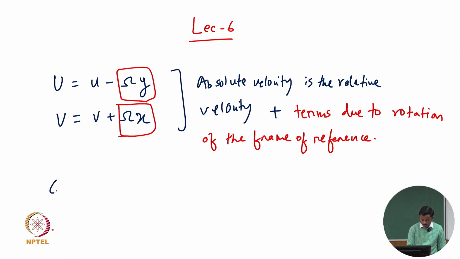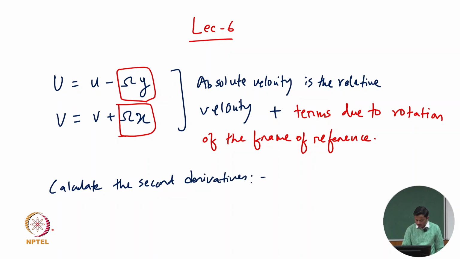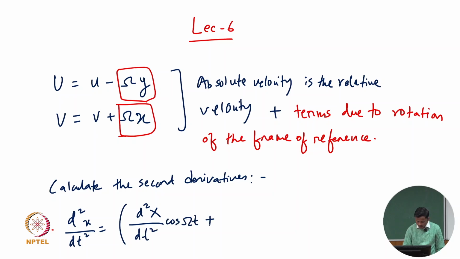We'll calculate the double derivatives, so calculate the second derivatives. d squared x by dt squared is equal to d squared capital X by dt squared cos omega t plus d squared y by dt squared sin omega t.